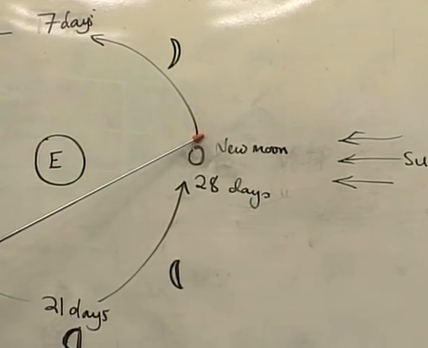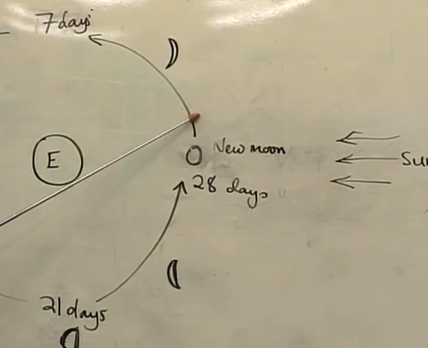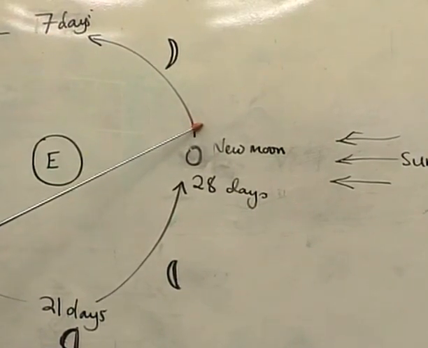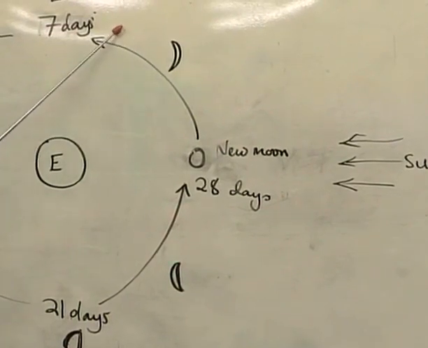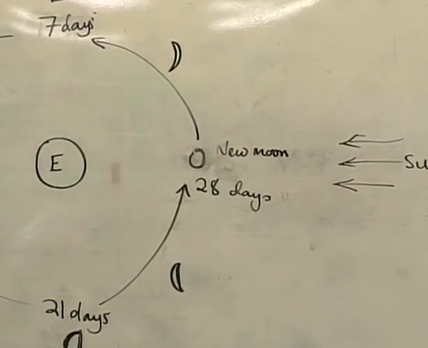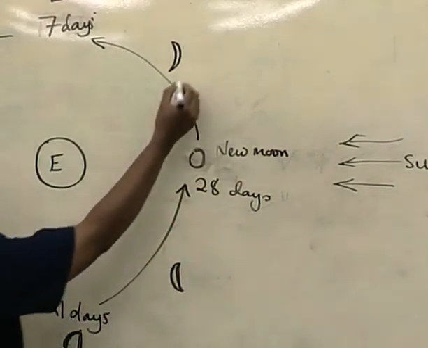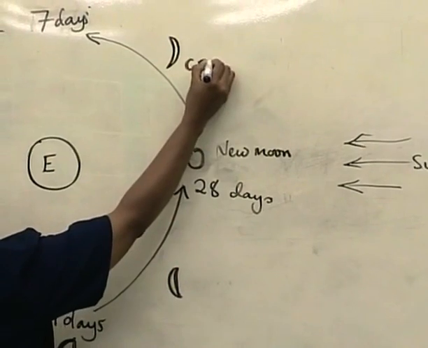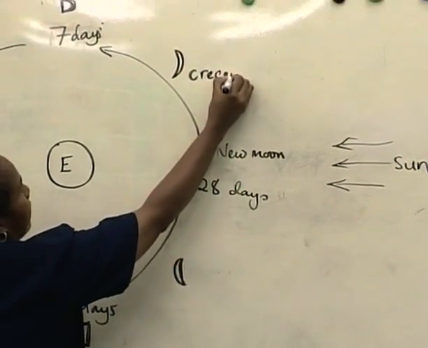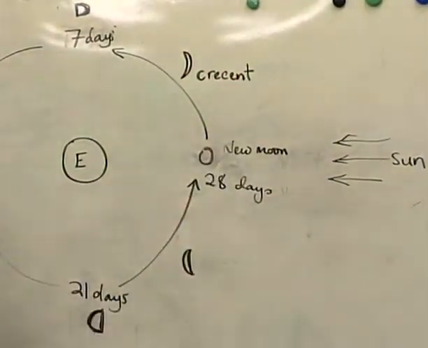Okay, new moon, it's about to show itself. So as it moves, day 1, day 2, day 3, day 4, day 5, day 6, it comes to this shape here. Class, what is this shape called? Crescent. Good. Let's spell it together. Crescent.